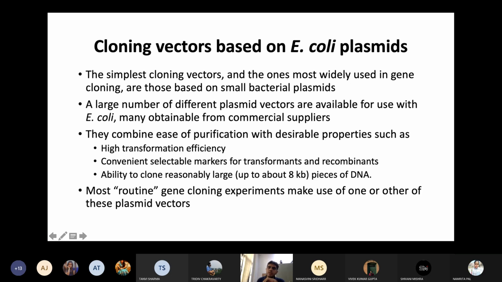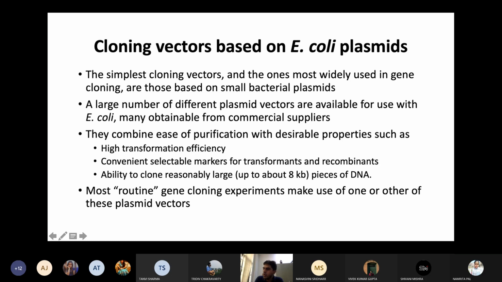That is called transformation. So one property that your vector should have is transformation efficiency. It simply means that even if you have a nanogram of your DNA, it must enter the cell.